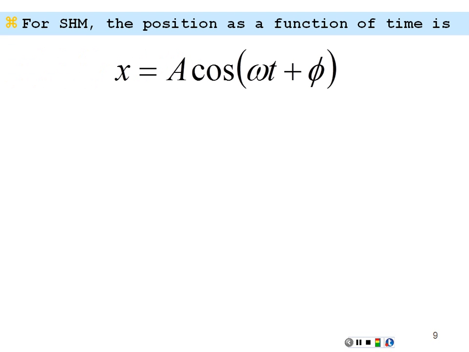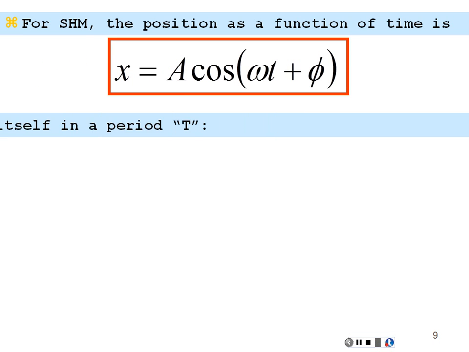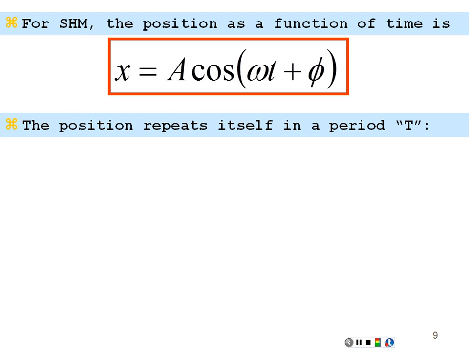For simple harmonic motion as a function of time, I have this x equals A cosine omega t plus phi. This must repeat itself in a period of time. I know that if time were to go in such a way that what's inside the parentheses of the cosine function were to increase in total phase by 2 pi, then the cosine function will repeat itself. And at that point, my function will repeat itself.